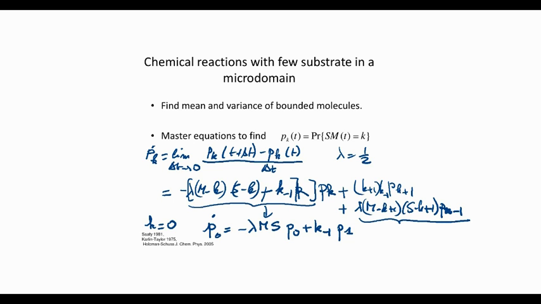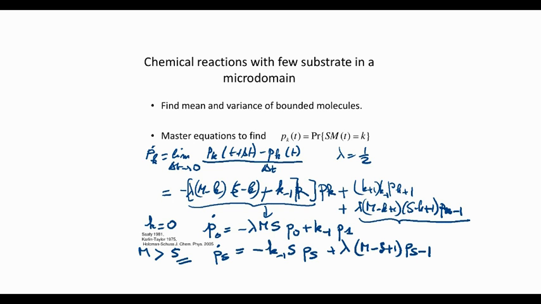And of course, suppose we're in the case where m is bigger than s, so the maximum is, of course, s, since we cannot have more bound molecules than the number of substrate sites. Then you get an equation for ps, which is minus k minus 1 s ps plus lambda (m minus s plus 1) ps minus 1.